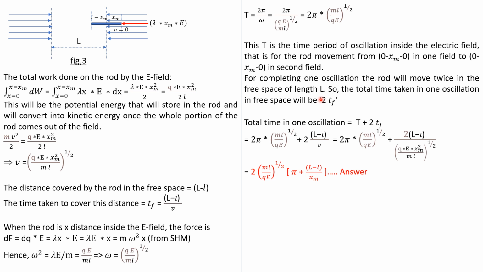So the total time in one oscillation will be T, the time spent inside the field, plus 2Tf, the total time spent inside the free space in one oscillation. So T plus 2Tf. Put in the values of T and 2Tf and you will get the answer like this.